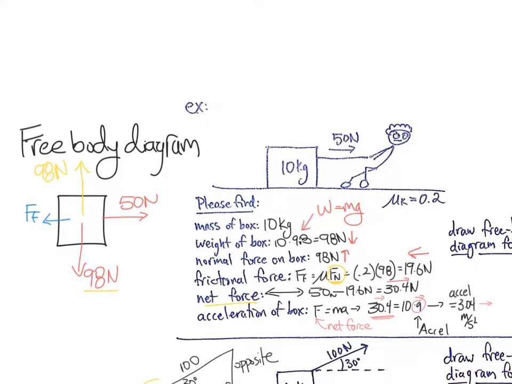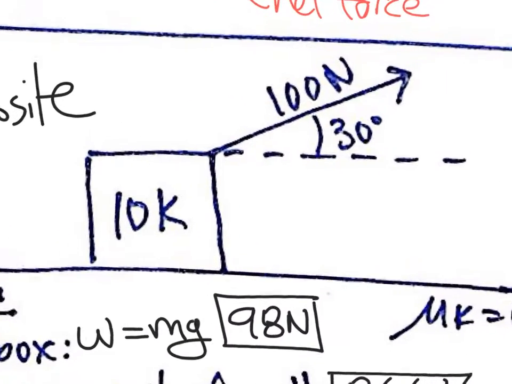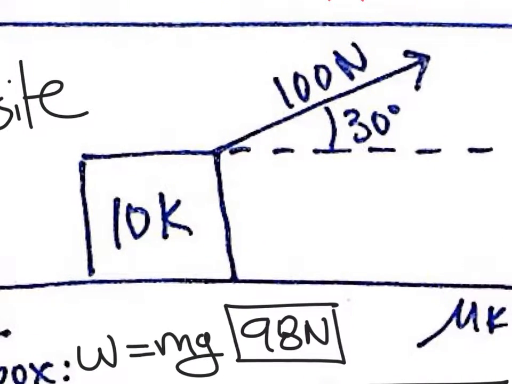Now it gets slightly more involved when the applied force is not perfectly perpendicular to the surface, when the force is not horizontal. So here we have no longer a 50 but 100 newton force, and it's applied at a 30-degree angle, and here we could say with respect to horizontal.